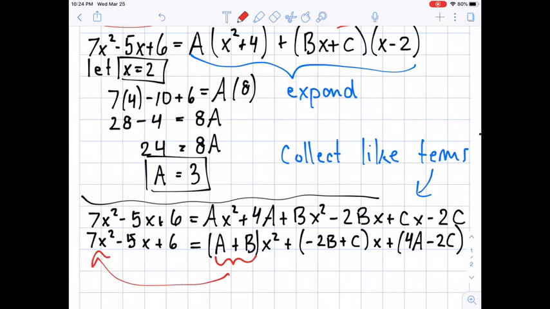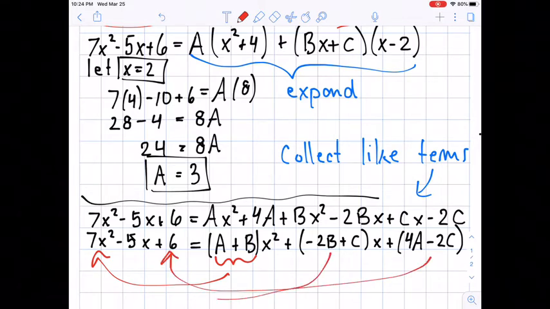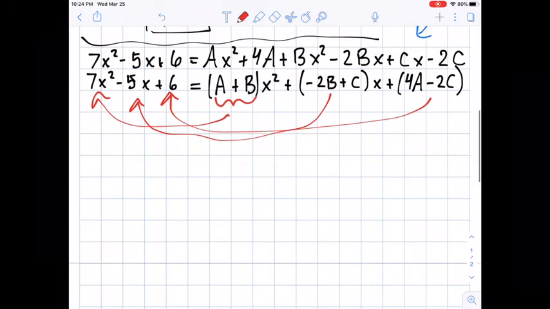And we're going to do this for all of the coefficients. We get minus 2b plus c will be minus 5, and 4a minus 2c is going to be 6. That's just equating those there. So let's take a look how this works.